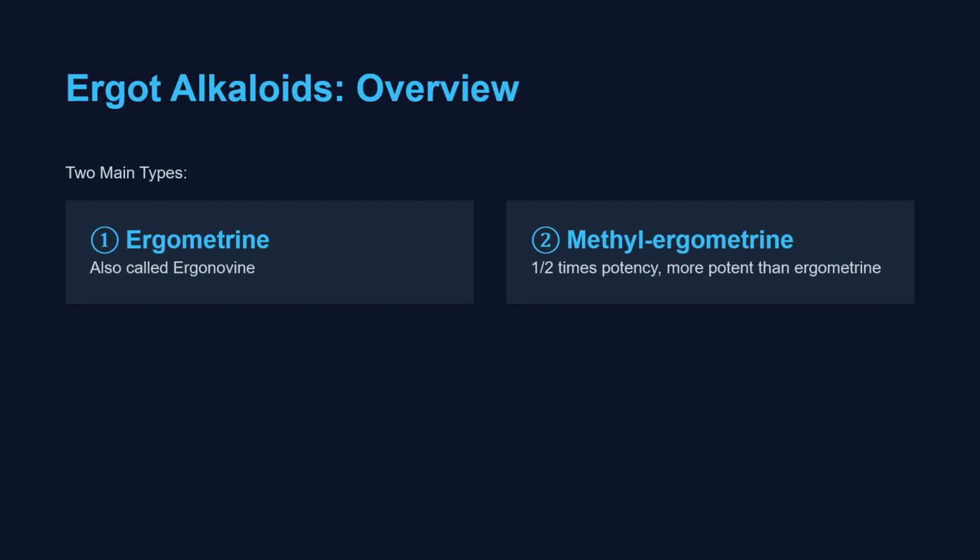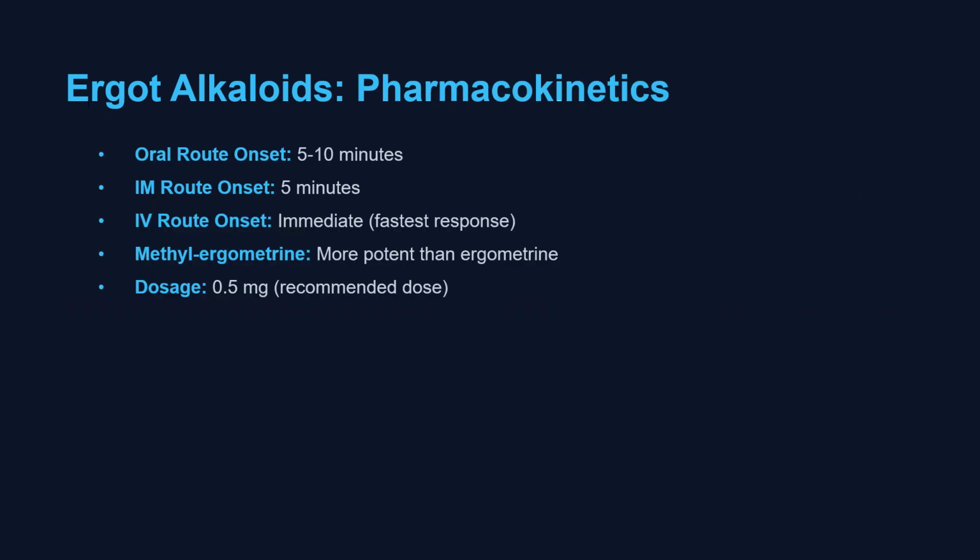Going on to the other uterine stimulant class, the ergot alkaloids. The ergot alkaloids have two main types: one is ergometrine, and the other is methylergometrine. In the PK data of the ergot alkaloids, they have an oral route.